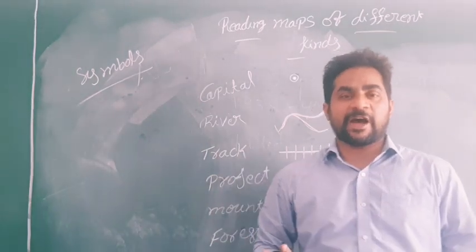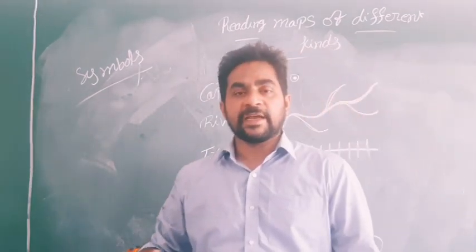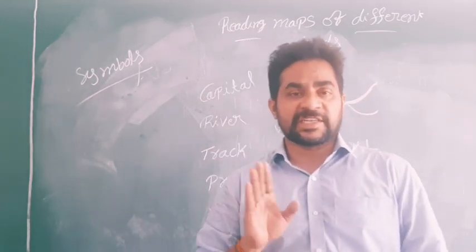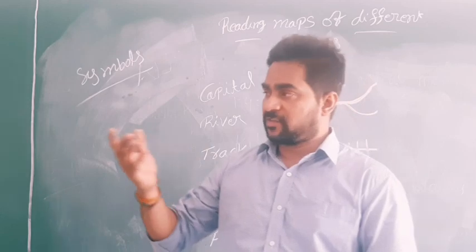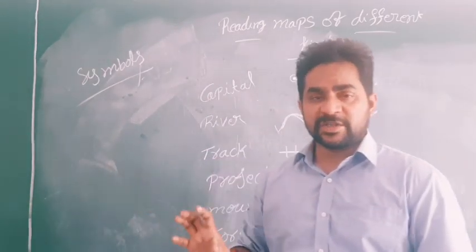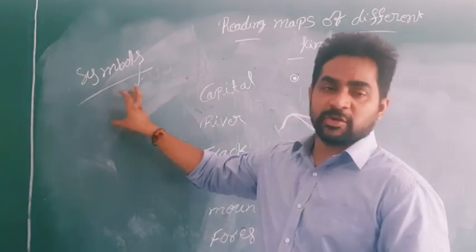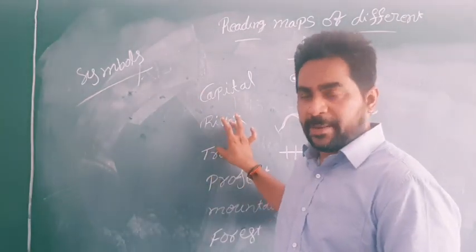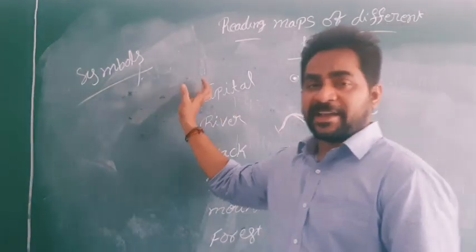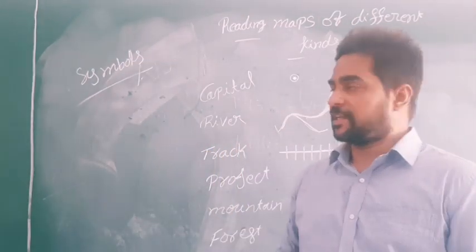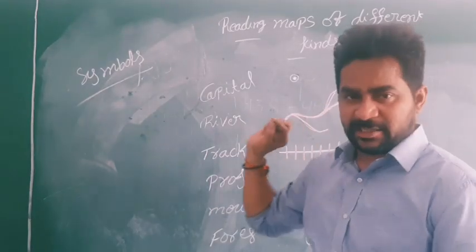The physical objects we cannot bring onto the map or into the room. So instead of physical features or physical structures, we are using some alternative symbols. The symbols can be used for map pointing. For example, the capital of a country or the headquarters of a district will be shown with a dot.